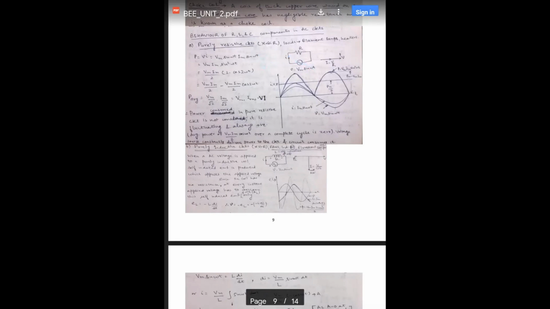So this is the circuit diagram and this is the phasor diagram. Since I have told you that if two sinusoidal quantities are in phase, then there is no phase difference.